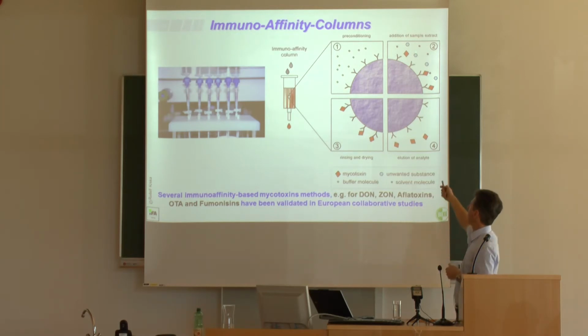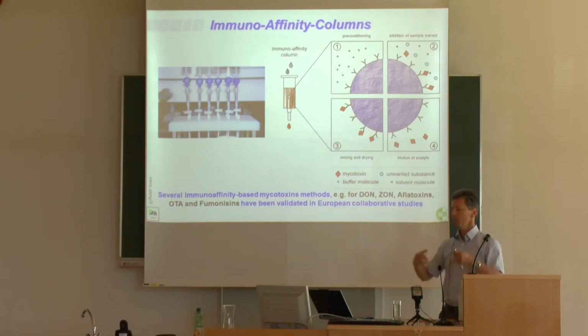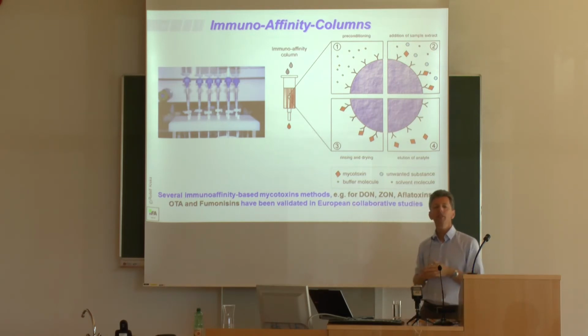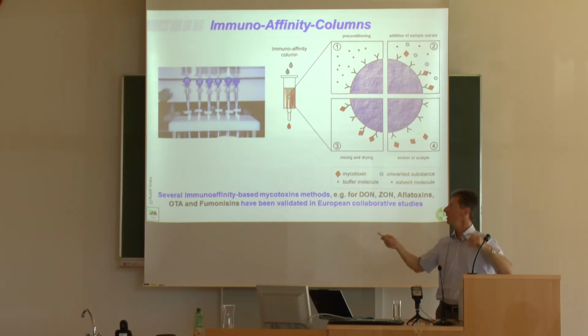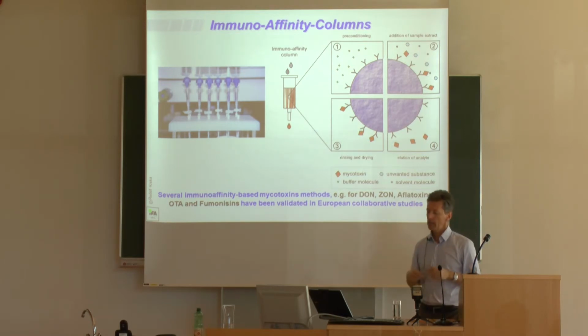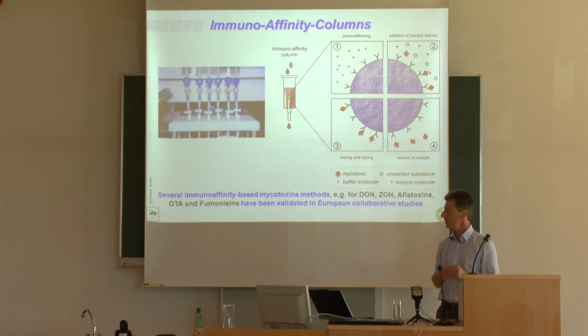Then you add your sample extract, which contains matrix components here in blue, and in red your mycotoxin of interest. Then you perform a rinsing and a drying step, so you get rid of all the matrix components still dissolved in your column, and only the mycotoxins, because of their specific affinity to the anti-mycotoxin antibodies, remain on the column.